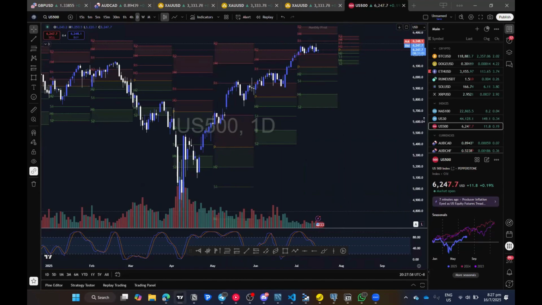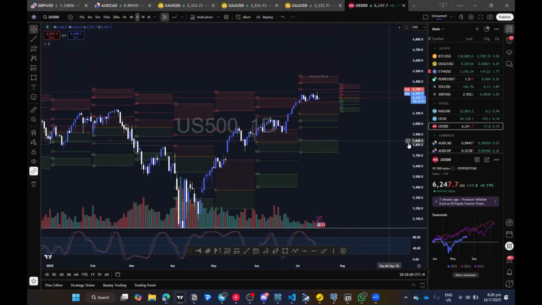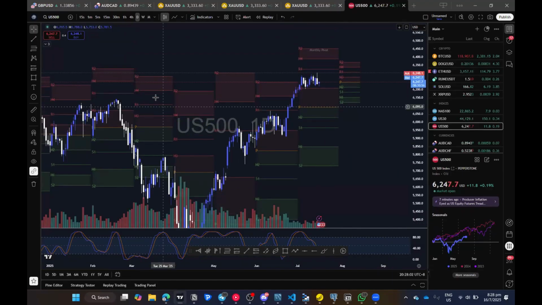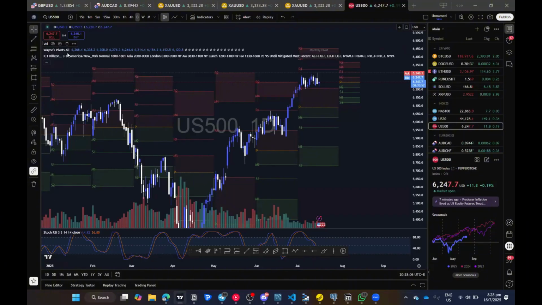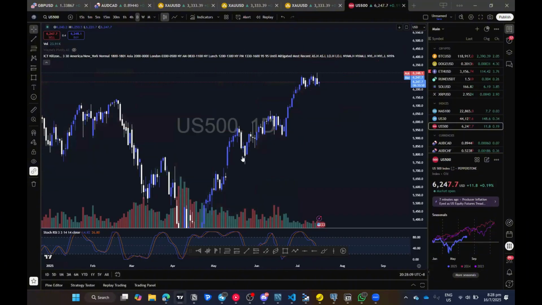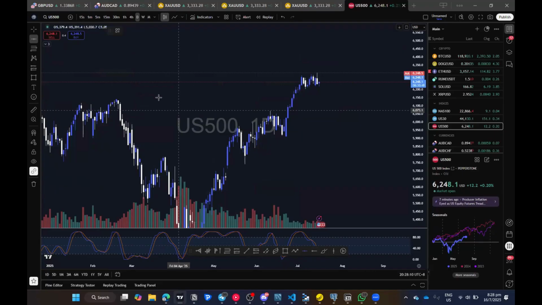If we want to make this a support, we want to ideally see a 1:1 movement. Okay, so let's mark this out. I'm going to remove the pivot points for now. You mark this point out, and you want this to be the 50% or the equilibrium for the move to the upside. So from here, you want to overlap this.